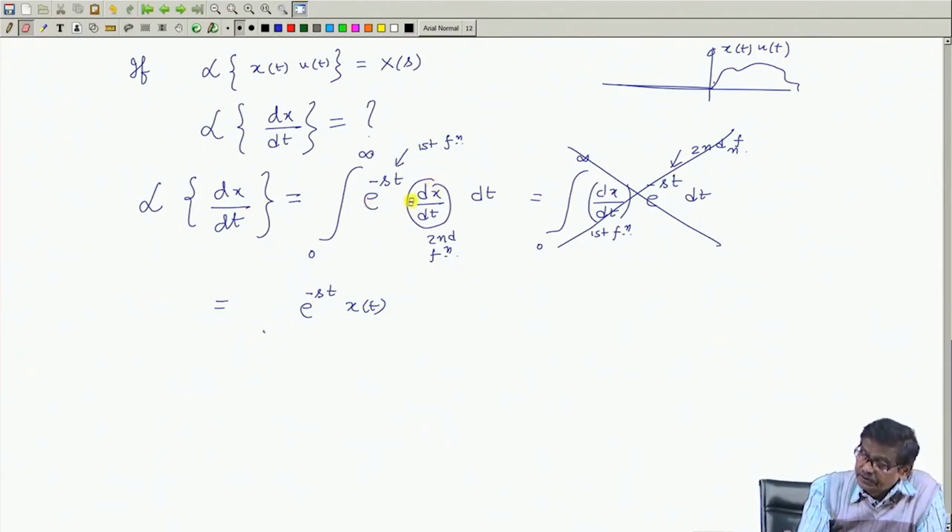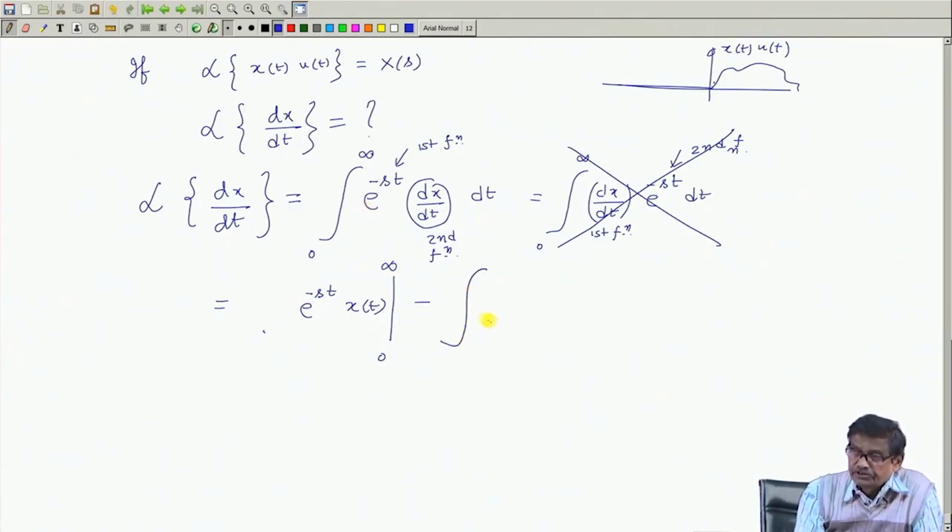First function into integration of this second, and then I have to put the limits between 0 to infinity, minus integration of differentiation of the first function, that is minus s into e to the power minus st into integration of the second, that will be x(t) and dt. This will be the thing. And this is from 0 to infinity.